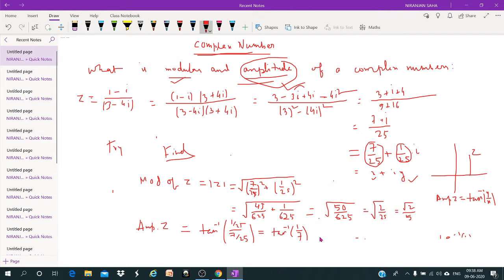Now let's know what the modulus amplitude form is. Important one.